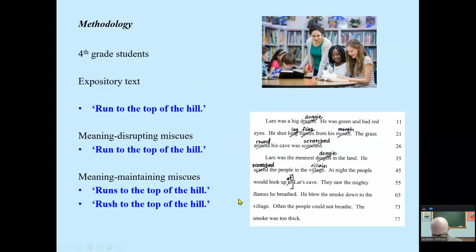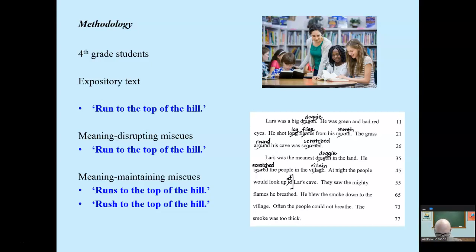For this study, Kusser used 4th grade students from 2 different schools. He examined students' miscues and how they relate to comprehension. Now, a miscue is when what students read during oral reading does not match what's on the page.